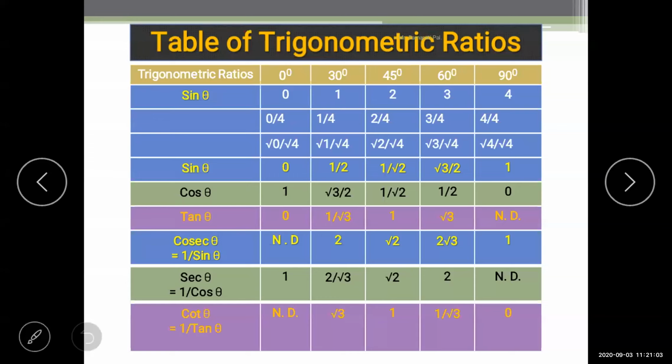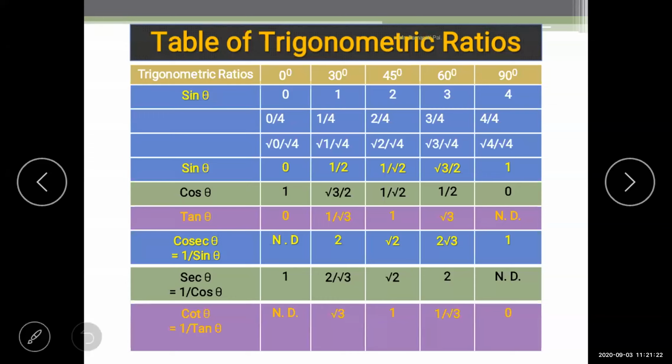Okay. Tan 90 degrees is ND, meaning 1 upon 0. And when 1 upon 0 is reversed, we will get 0 upon 1. That is 0. Very good. So in this way, we have completed this trigonometry table.